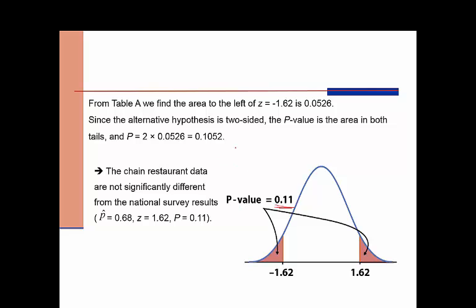Okay, and since the p-value is greater than alpha, if alpha is 0.05, we will fail to reject H naught. So that says the chain restaurant data are not significantly different, or more importantly, the test is inconclusive. You don't have enough information to really make a judgment, so go collect more information.